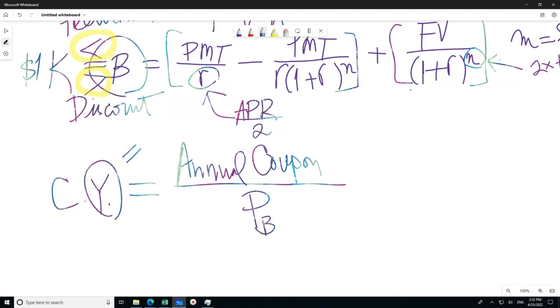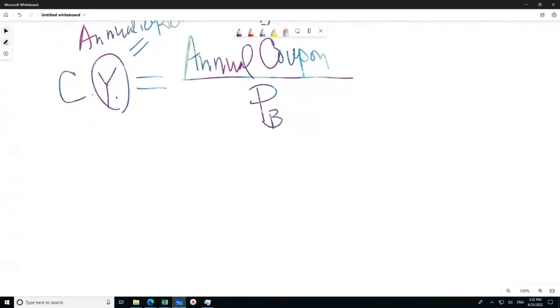Yield is just another name for annualized return. But when we talk about yield, there are two types of yield: current yield and yield to maturity.